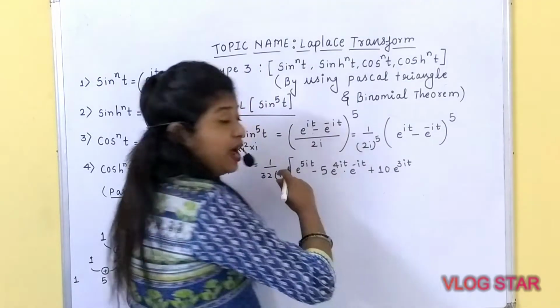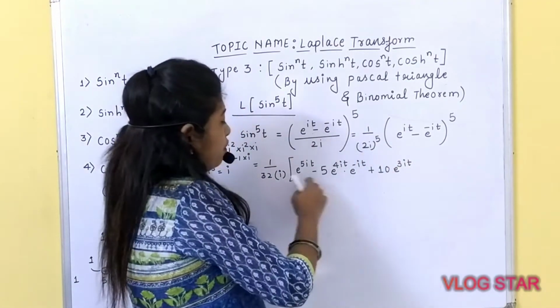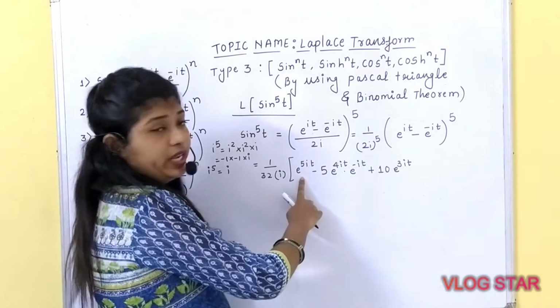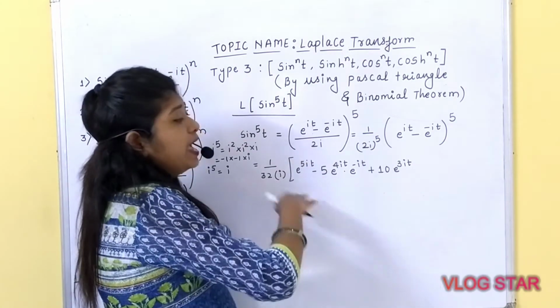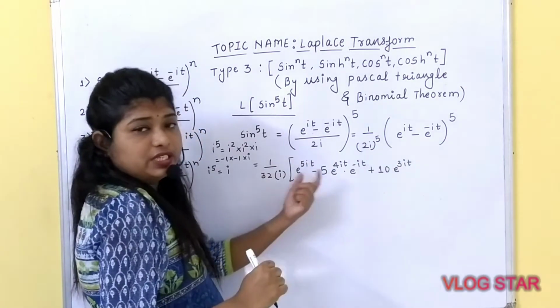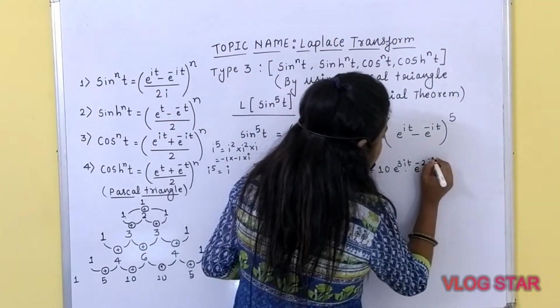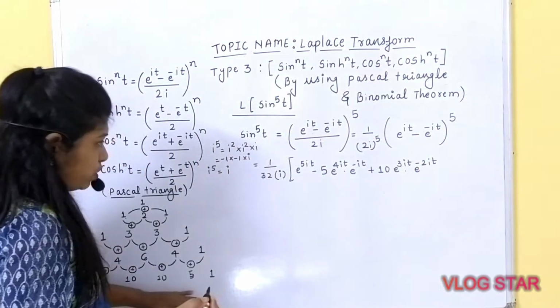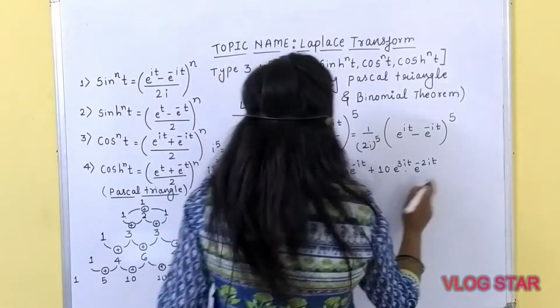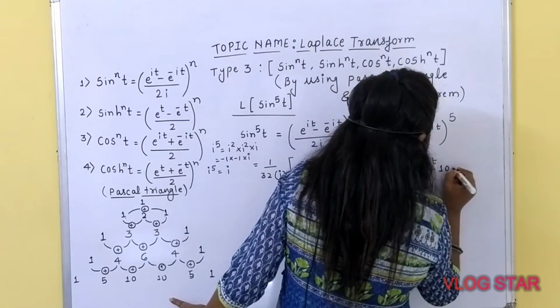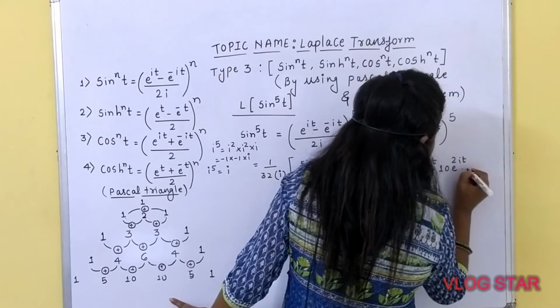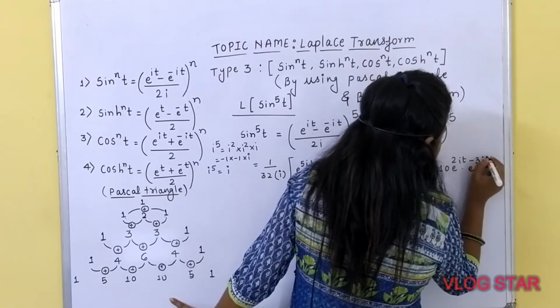As I told you, we decrease the order for the first variable and increase the order for the second, so here e raised to minus 2it. Next is minus 10 e raised to 2it into e raised to minus 3it.